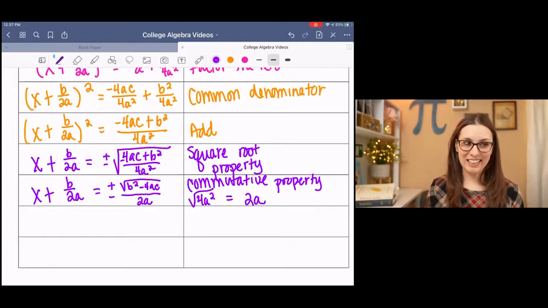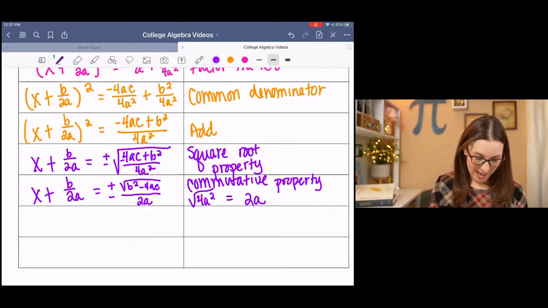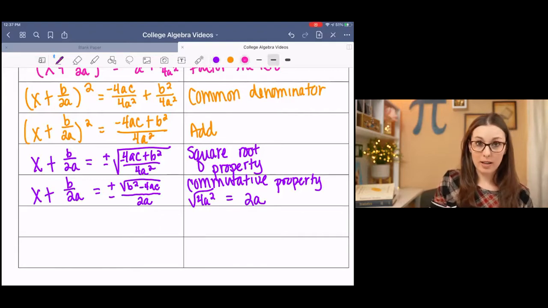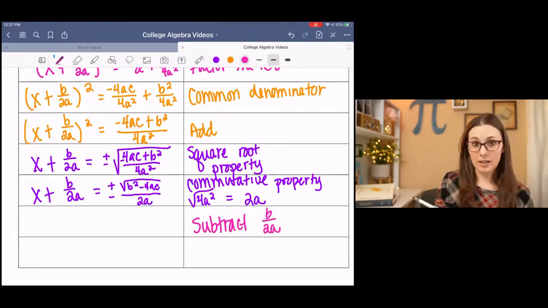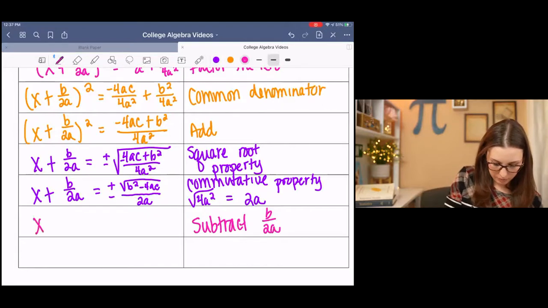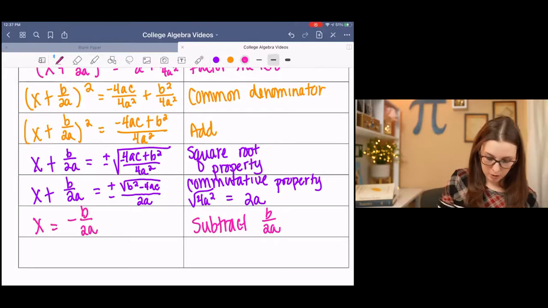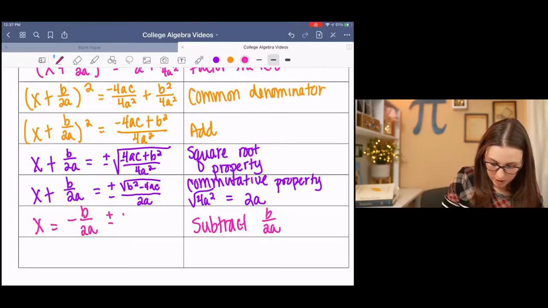It's looking good. Now I'm going to solve for x, which is going to involve subtracting b over 2a to isolate x. So I have negative b over 2a plus or minus the square root of b squared minus 4ac all over 2a.